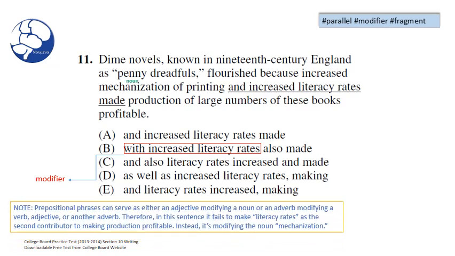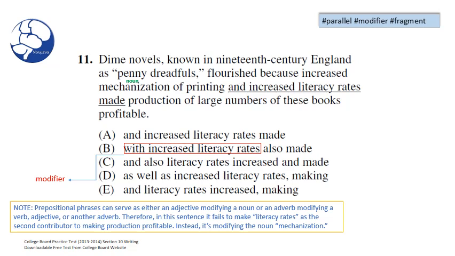As you can tell from our note at the bottom, prepositional phrases can serve as either an adjective modifying a noun or an adverb modifying a verb, adjective, or another adverb. Therefore, in this sentence, it fails to make literacy rates the second contributor to making production profitable. Logically in this sentence, we're saying that two things contributed to making the production of dime novels profitable.